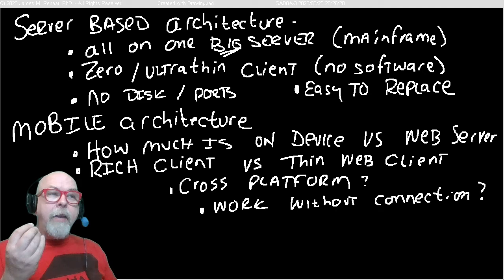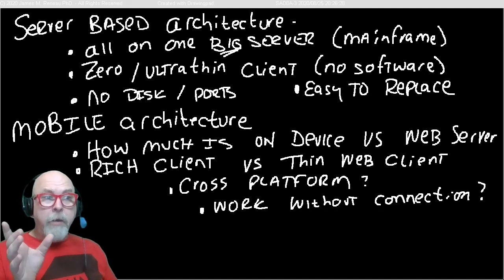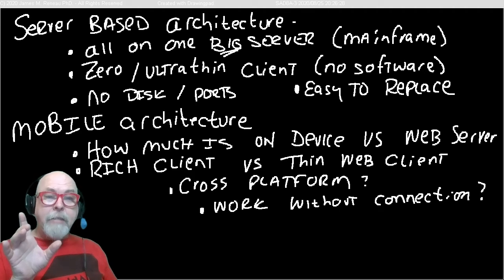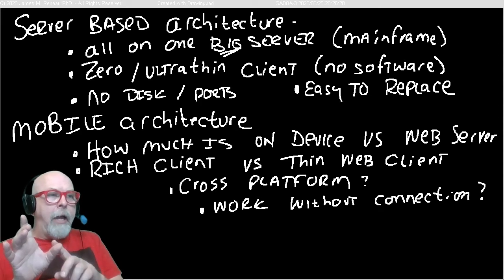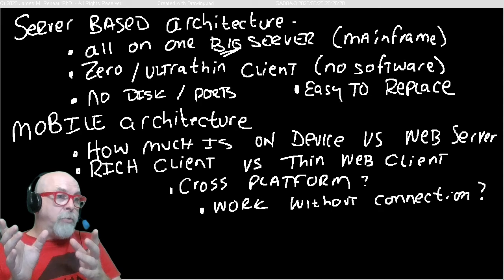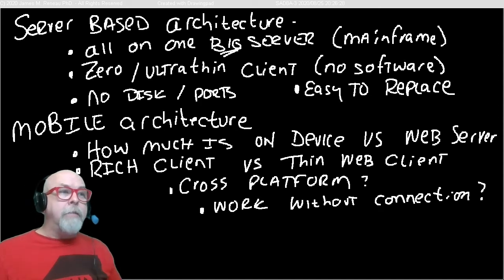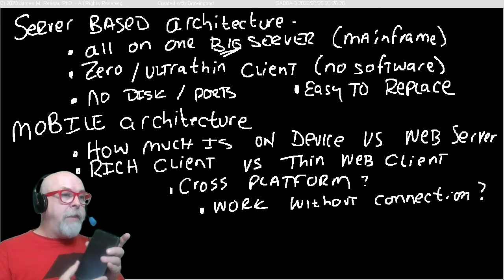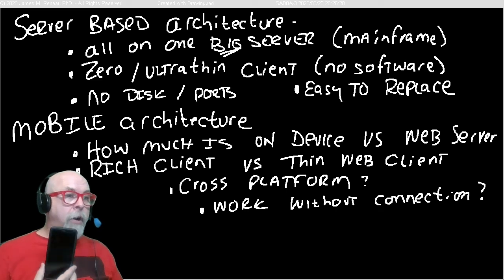Do we have a really ultra thin client on our smartphone that only works if we're connected to the internet, that we're connected to the server on the other end? Or do we have a richer client on our smartphone? Those are questions. For instance, think of some games you play on your smartphone.